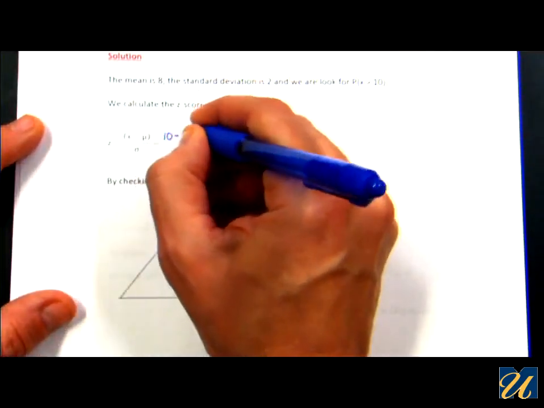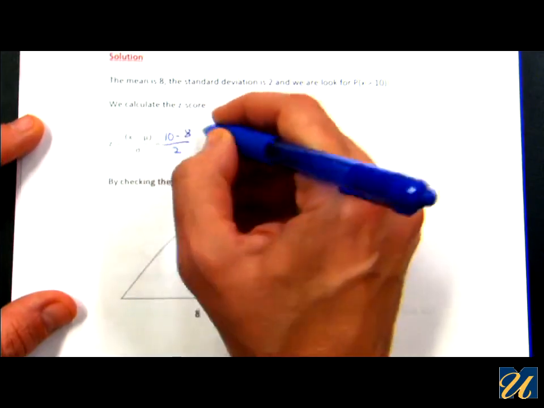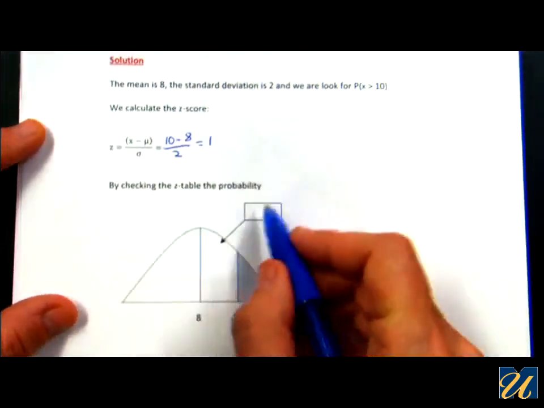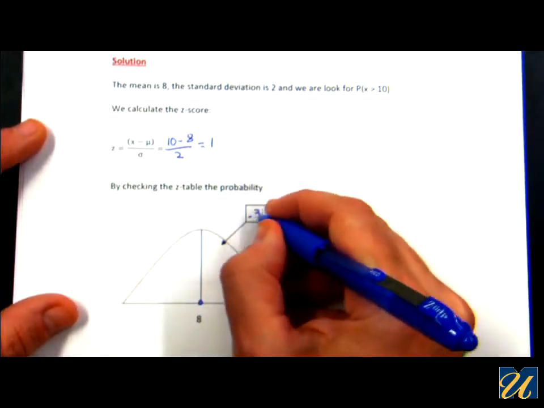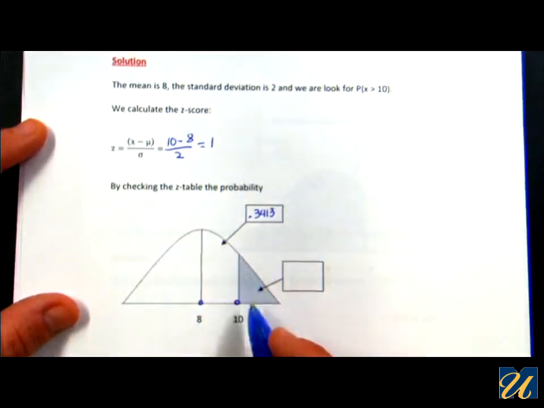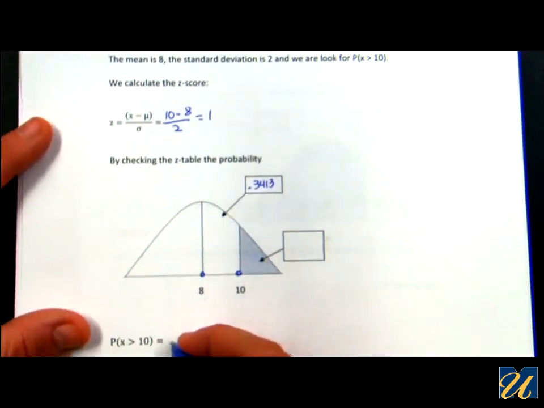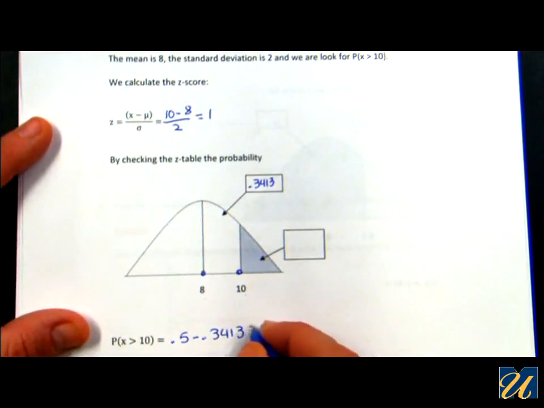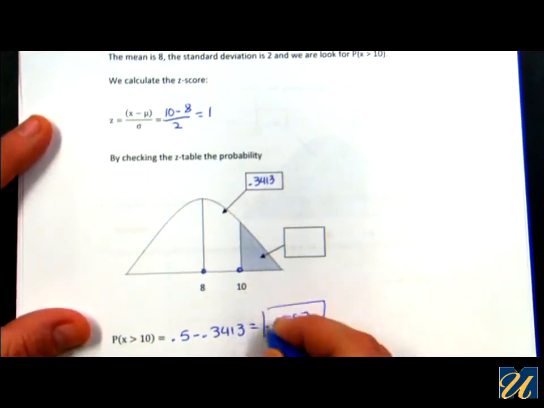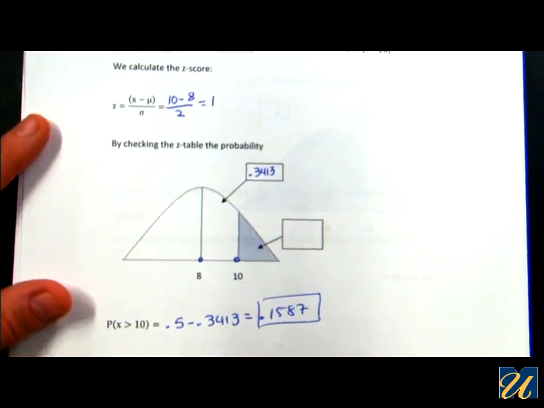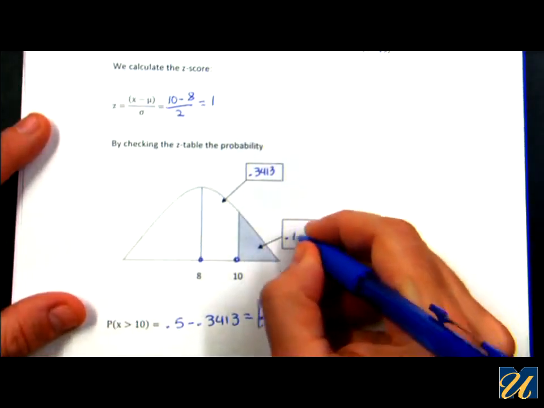If you calculate the z-score, you will have 10 minus 8 divided by 2, which is equal to 1. 1 corresponds to a probability of 0.3413. And since I'm looking for a tail, we will do 0.5 minus 0.3413, 0.1587 for the answer.